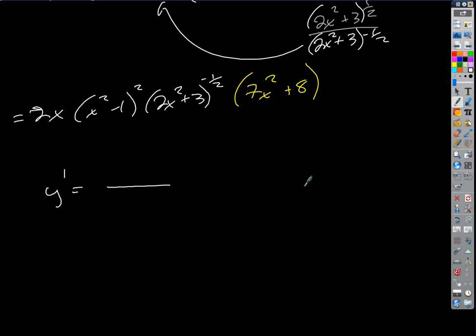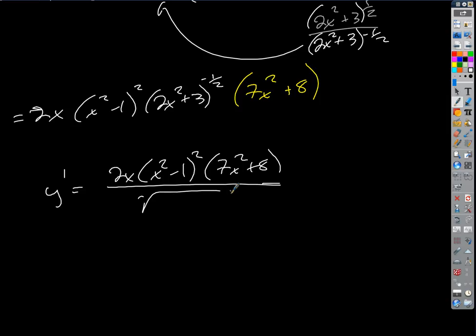Well, all that stuff, right? Well, no, that and that and that. Divided by, how can I write this? Square root of 2x squared. There you go. Okay.